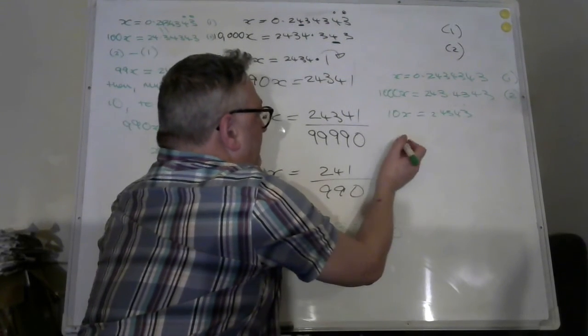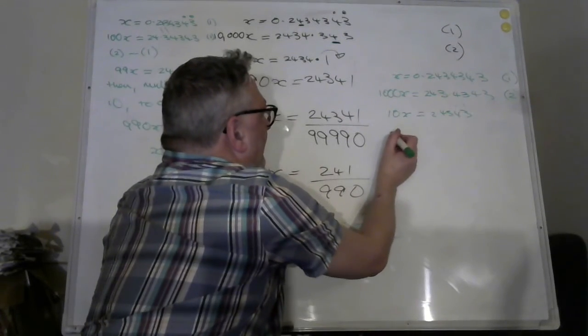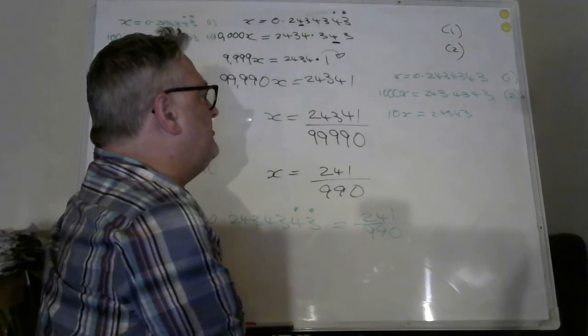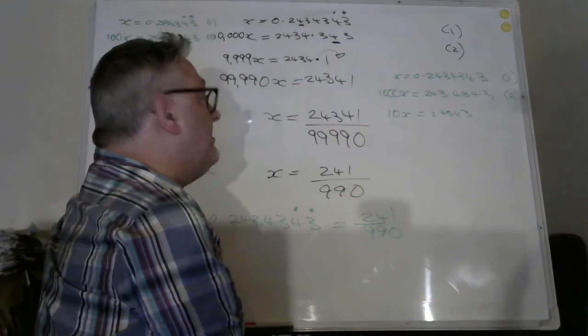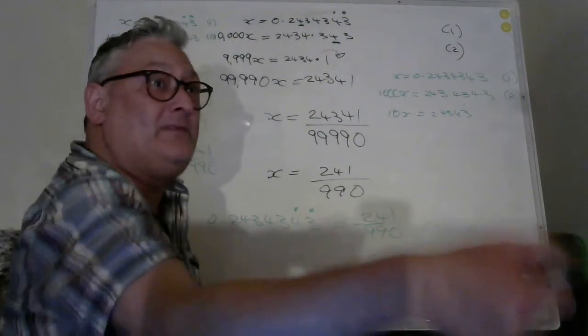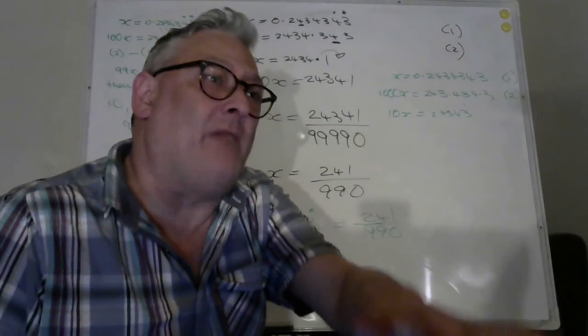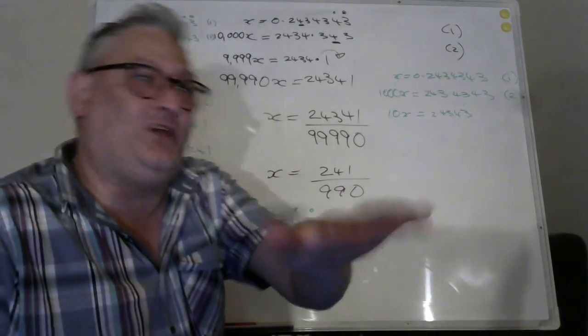Tell me what it is, Chris. What's 1,000x take away 10x? What is 1,000 take away 10? Well, 1,000 take away 1 is 999. 1,000 take away 10, I can't think. You tell me. 990. You're supposed to be the student. You're supposed to tell me when I don't know, but I'm pretending I know, and I'm asking you because you're the one who's learning.